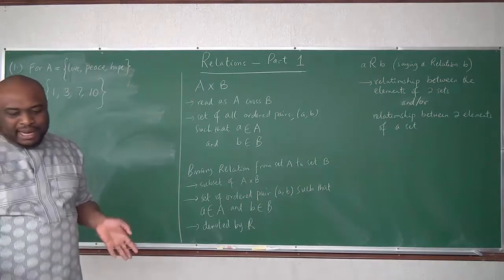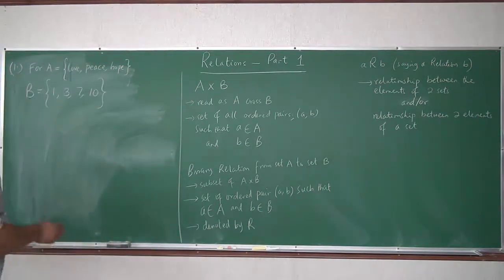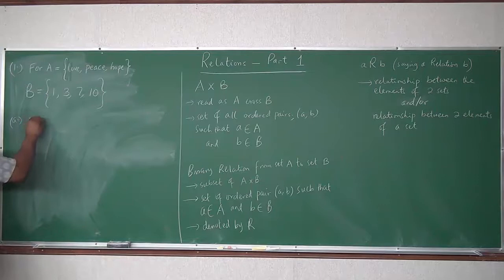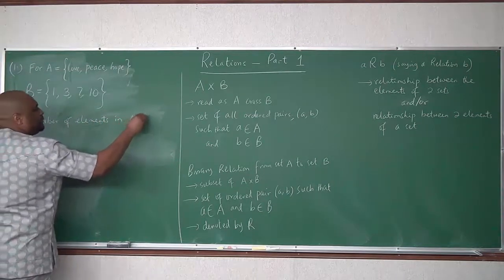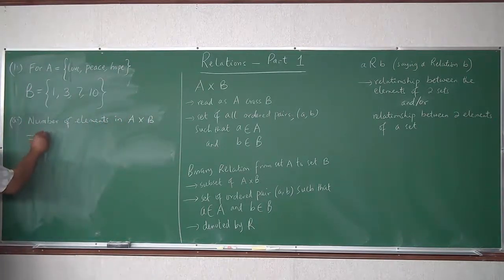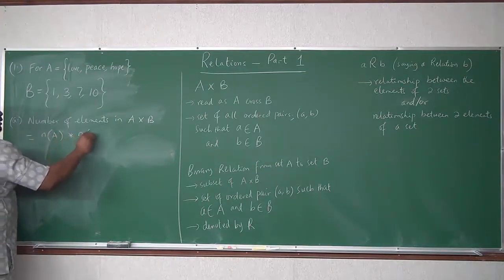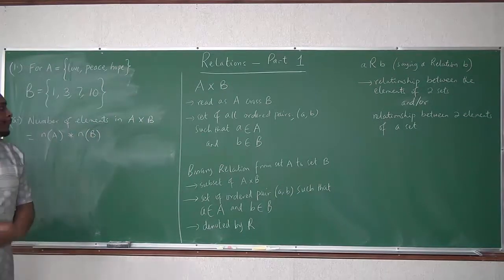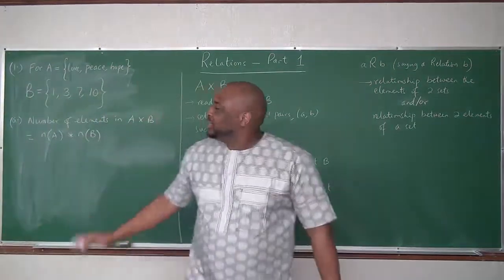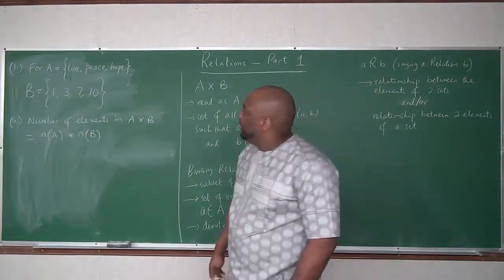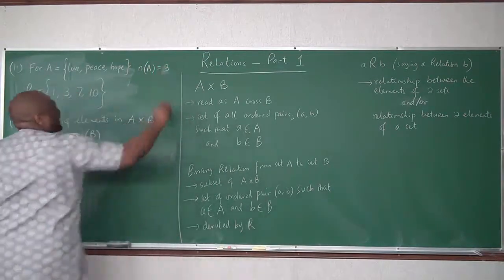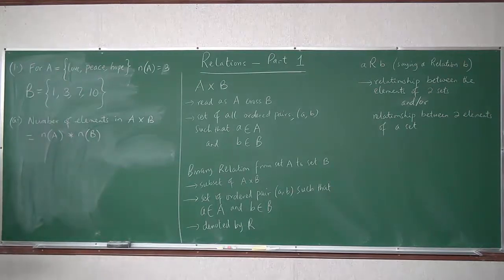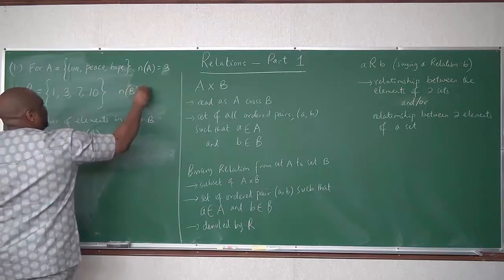It says here, how many elements are in A cross B? The number of elements in A cross B is the cardinality of A times the cardinality of B. Cardinality of A is 3, the number of elements in set A, and cardinality of B is 4.